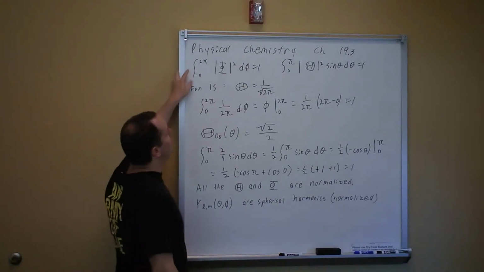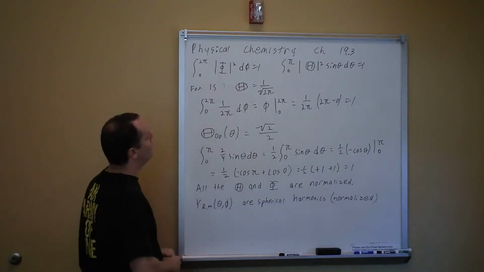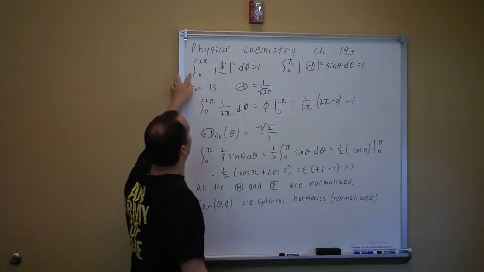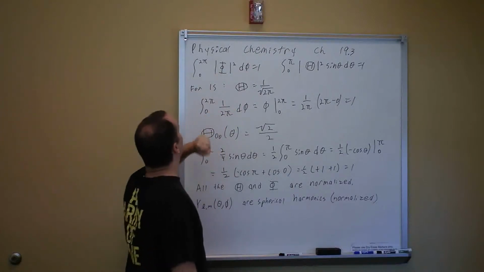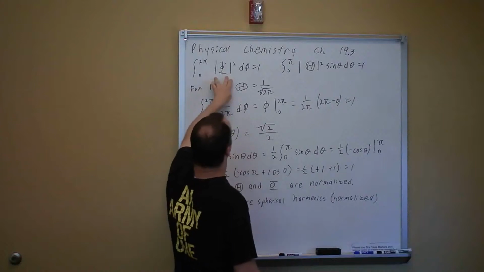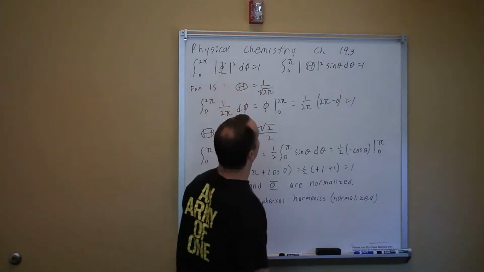Continuing on Physical Chemistry, Chapter 19, we're in Section 3. So we're talking about how the spherical harmonics are normalized for any wave function. So let's talk about phi. Capital Phi, remember, is the function, lowercase phi is the angle. So for phi, we integrate from 0 to 2 pi. We take just phi squared because it's real, so we don't need a complex conjugate. That's going to be equal to 1.